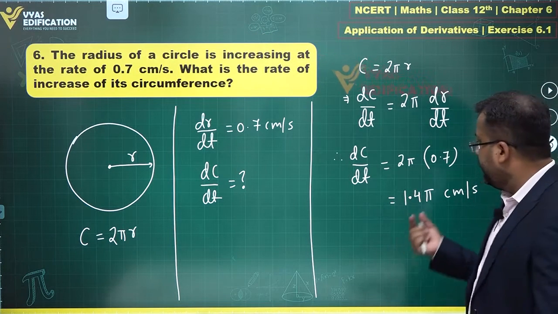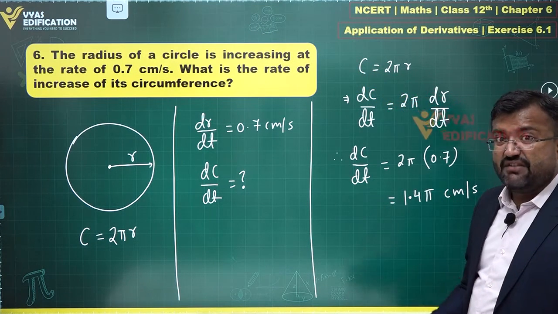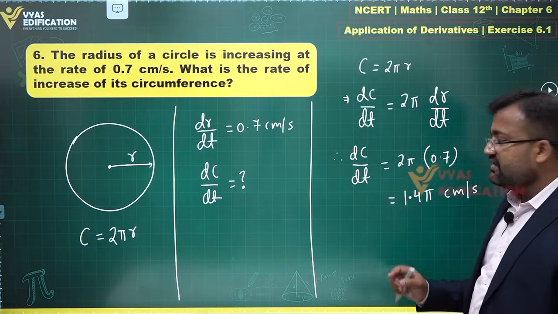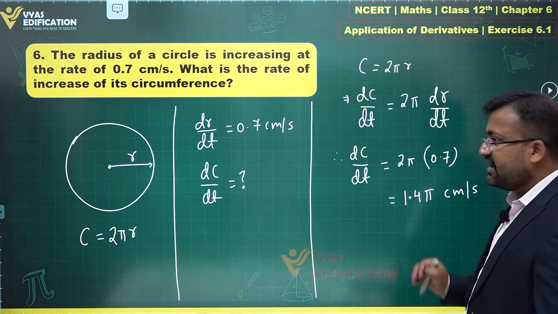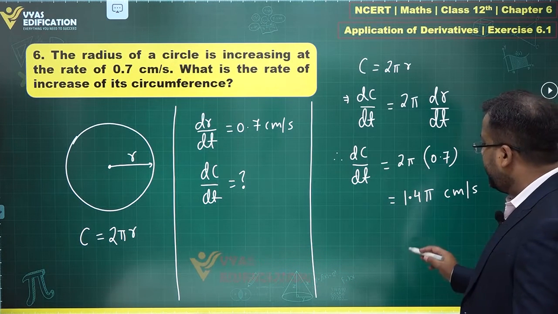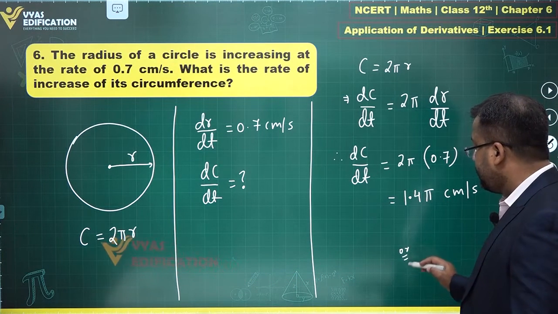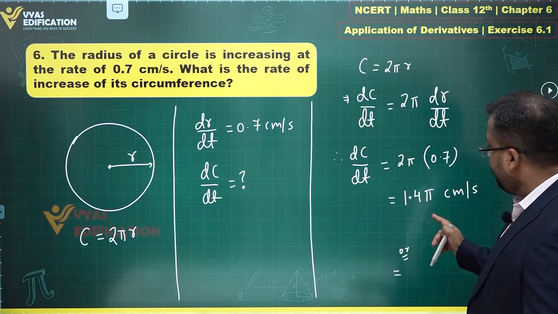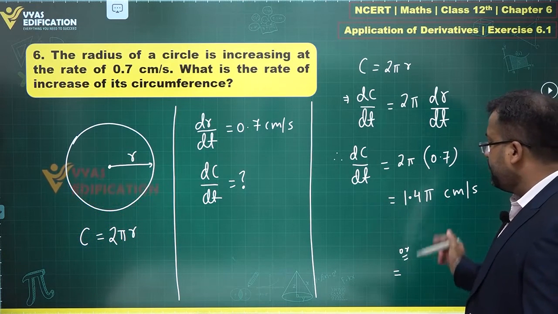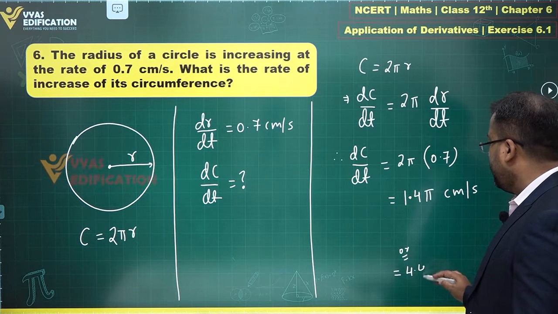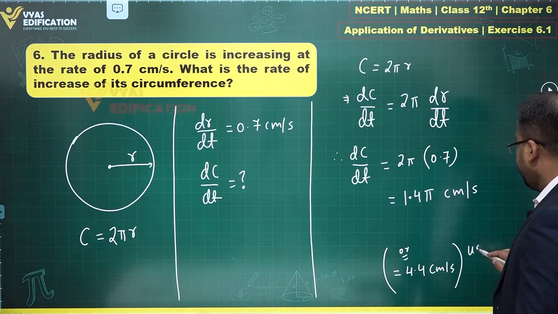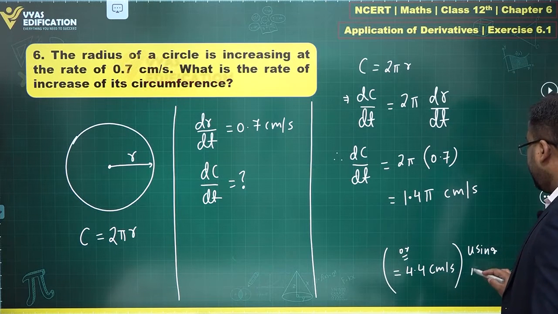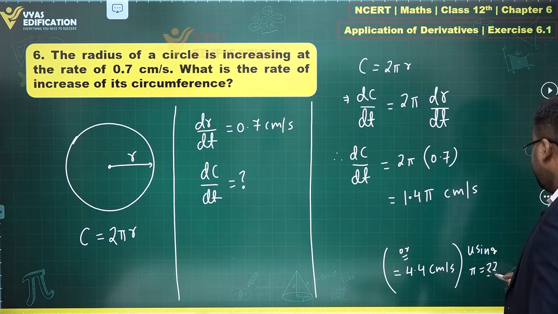One more thing can be done over here. If you take pi as 22 by 7, it is not given. We can leave the answer at this stage as well. But if you take pi as 22 by 7, you can maybe cancel a few things over here. And what you will get is, if you take pi as 22 by 7, so 22 upon 7, this will be 0.2 multiplied by this is 4.4 centimeter per second. If the person is asking this using pi equals 22 by 7.